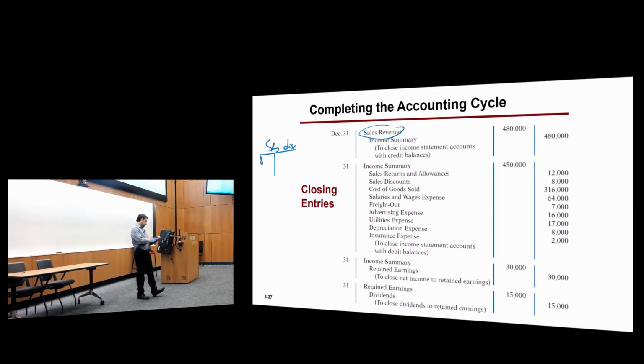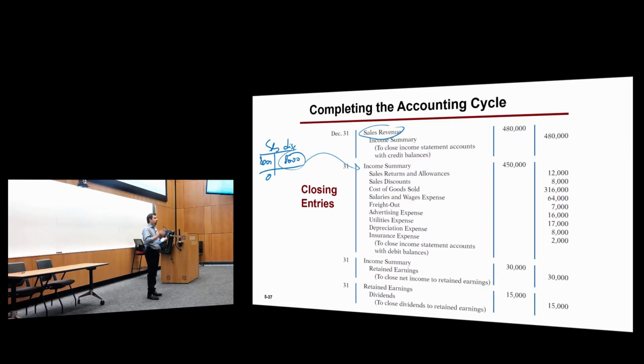Oh, sorry. You want to make it zero, you credit 8,000. The balance now is zero. And this, you credited this one, so you debit that amount to income summary. The same way that we did before.